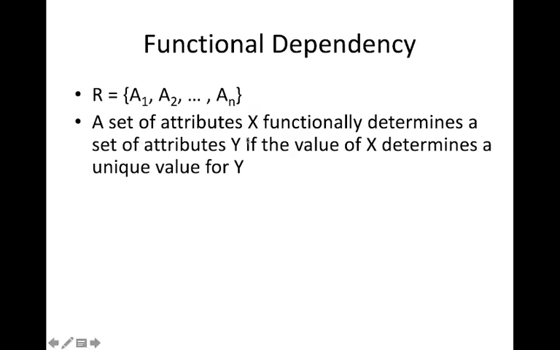So here X, Y means it is a set of attributes. It is not a single attribute. It contains many other attributes. It may or may not contain n number of attributes. Okay, so it is a set of attributes.